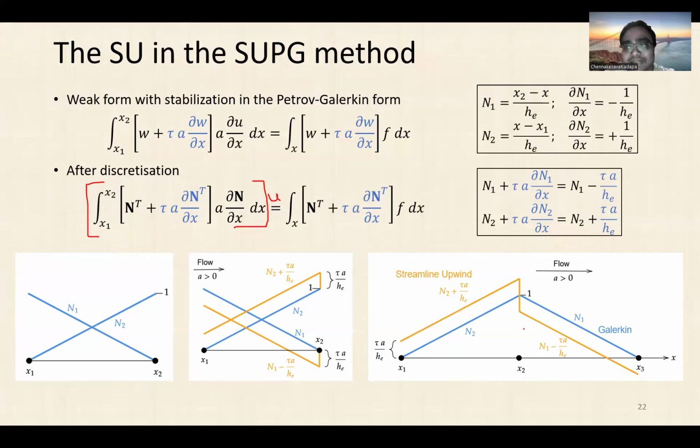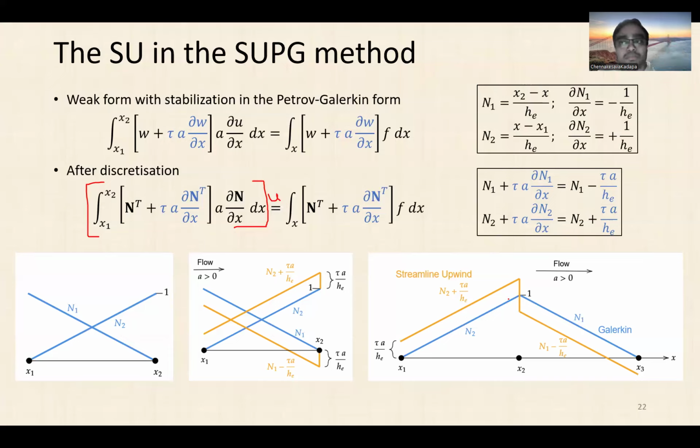Now, what is happening? If you look carefully, with the stabilization we have an increased contribution to the basis function on the upstream, and we have reduced the contribution to the basis functions on the downstream. So this is like we are upwinding.